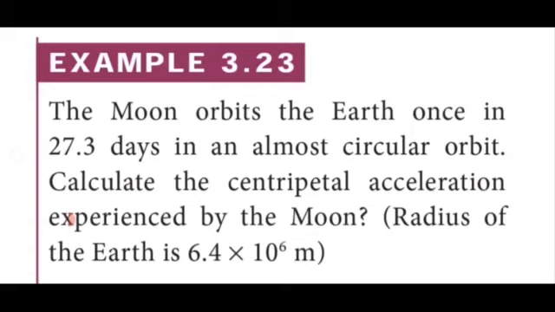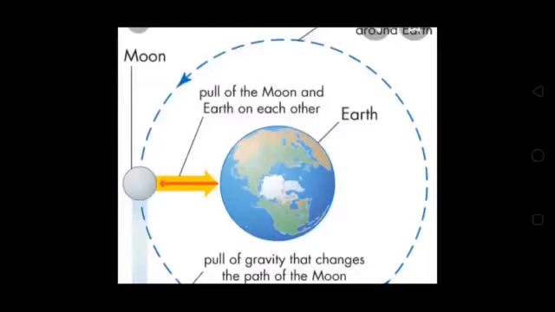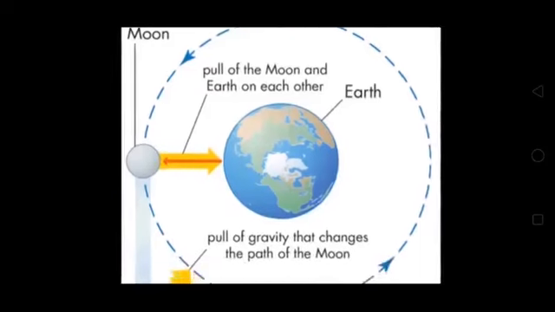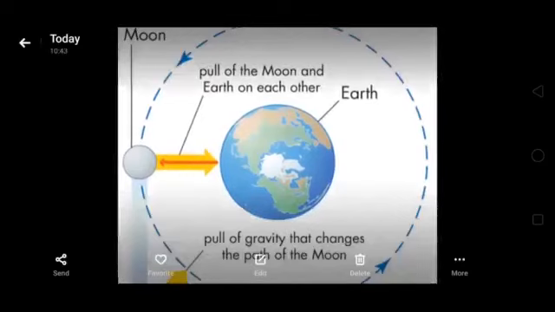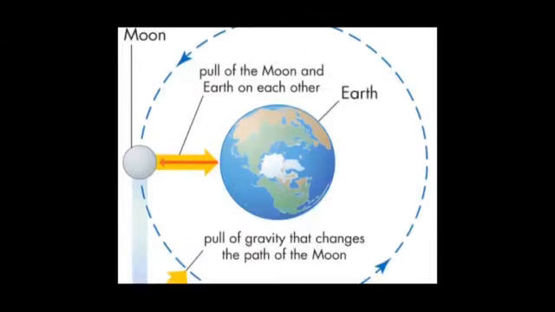For that, they have given the radius of the earth, that is 6.4 times 10 to the power of 6 meter. And related to this, now we are going to see one diagrammatic representation. This is the diagrammatic representation of this problem. The moon is revolving around the earth in its orbit, and the small circle is the moon. The blue sphere at the center is the earth.